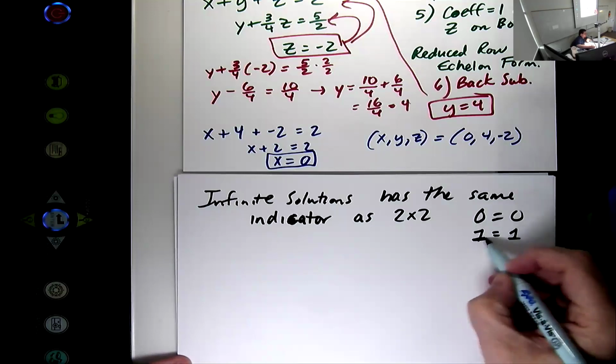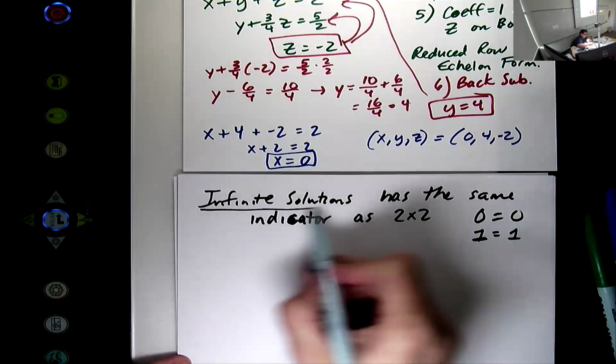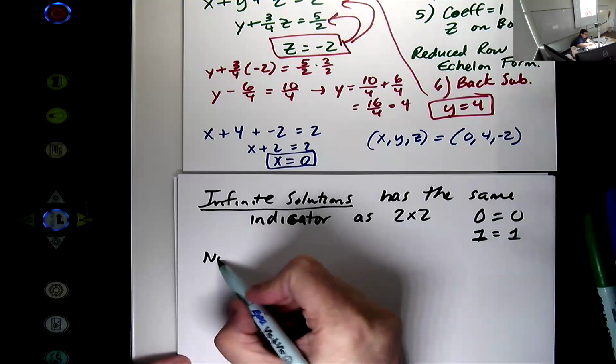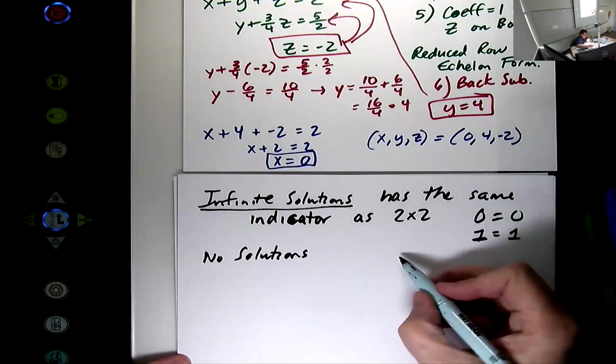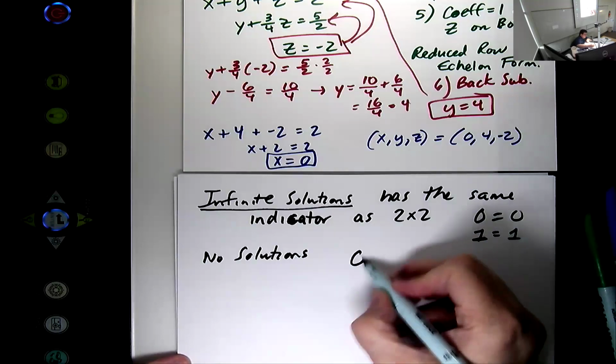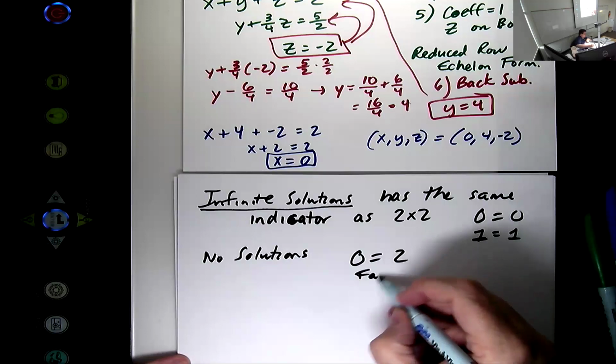You're gonna end up with a true statement and there's not gonna be any variables left. No solutions: you're gonna end up with 2 numbers that are not equal, which is false. That was just like the 2 by 2.